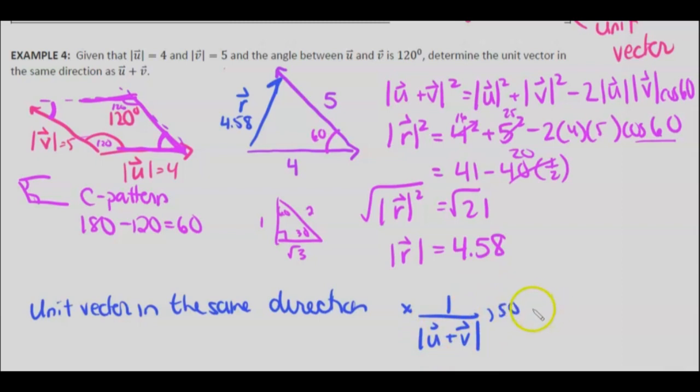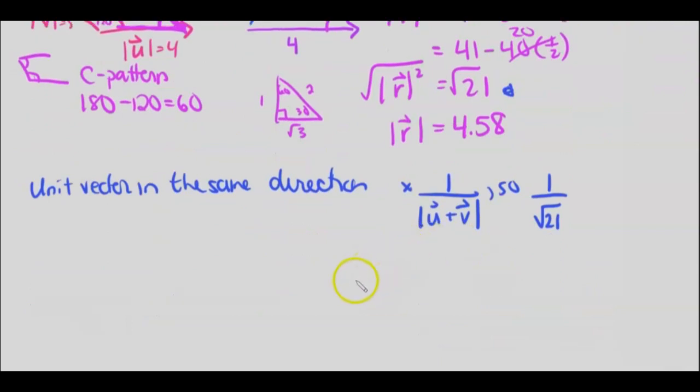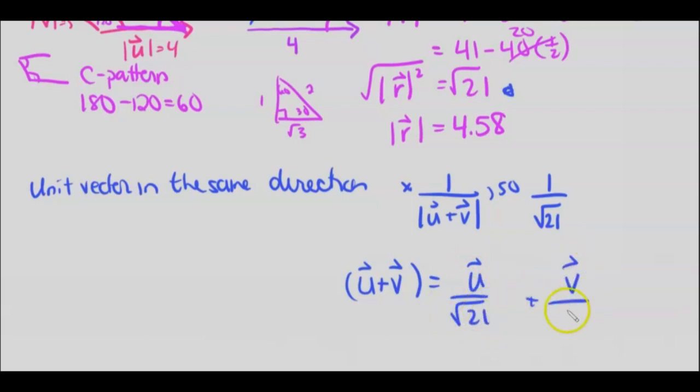So what that is in this case, it's going to be 1 over root 21. And you know what? I would leave it as root 21. It's going to be exact. So in other words, we're going to have vector u plus vector v is going to be vector u over root 21 plus vector v over root 21.